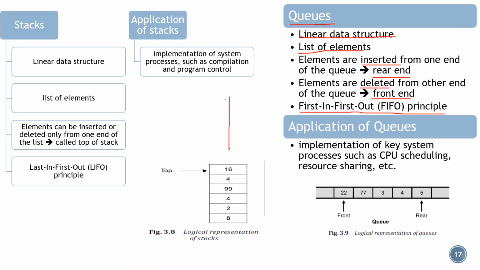Suppose there is a queue: one person standing here, then the next person here, the third person here. So this queue goes on building, operating on first in, first out. Persons who come in will be added at the end of the queue, which is the rear end.